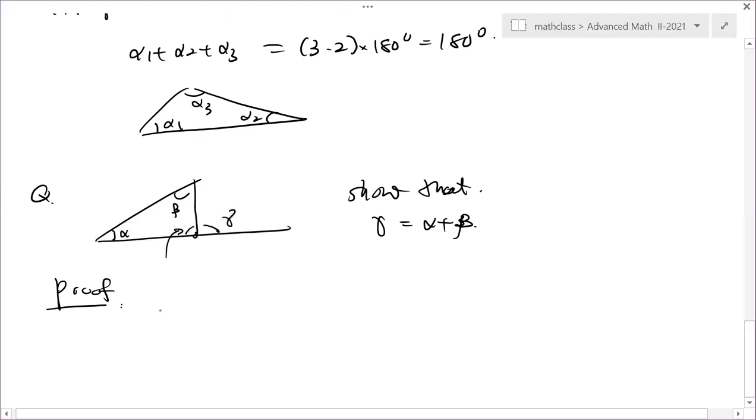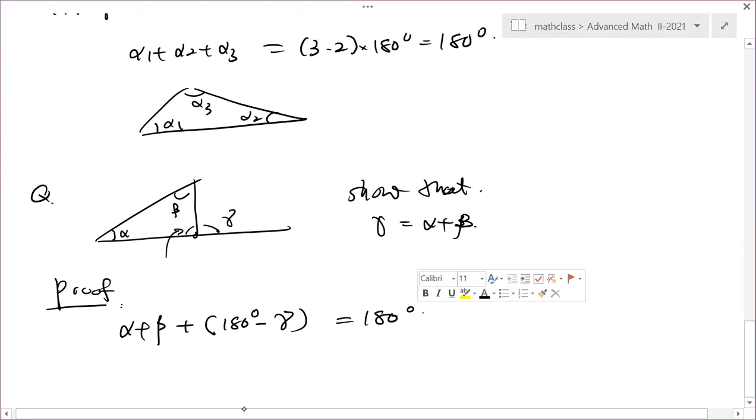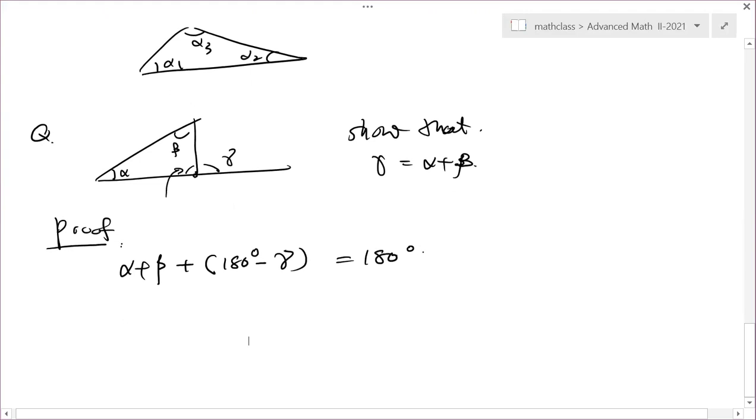So by the theorem, alpha plus beta plus the other interior angle, which is 180 degrees minus gamma, should be equal to 180 degrees. Now, the 180 degrees cancel out, right? Then you get 0, so that means gamma equals alpha plus beta. Then that's the end of the proof. Very simple.